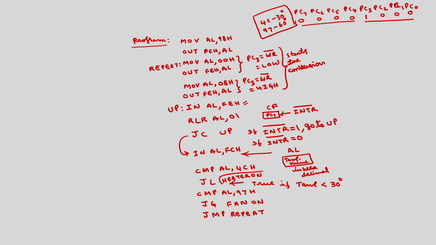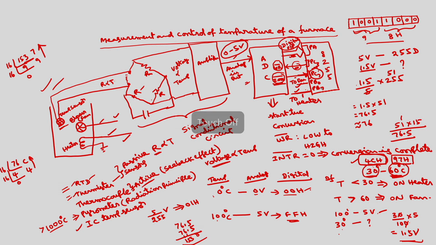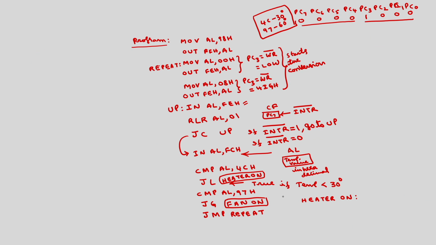So, at this heater on, you have to write some program, fan on, you have to write some program. Okay. Heater on, heater is connected to, this is the pin, PB7 is connected to heater. Okay. So, PB7 you have to make as 1.